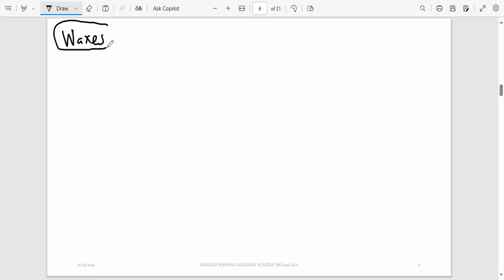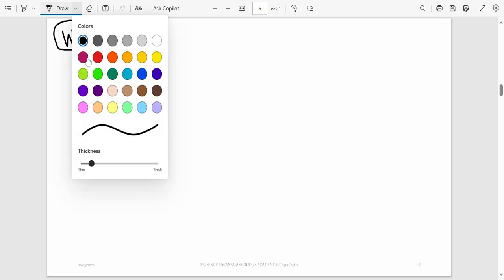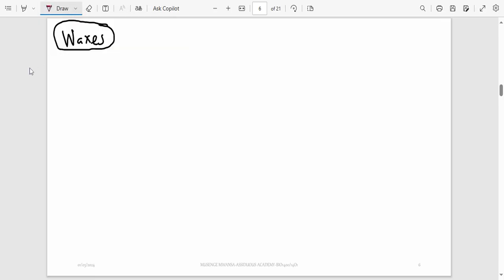Very good. Let's now talk about waxes. What is a wax? A wax is an ester of a fatty acid with an alcohol. So when you combine a fatty acid plus an alcohol, that is what will form what we call a wax.